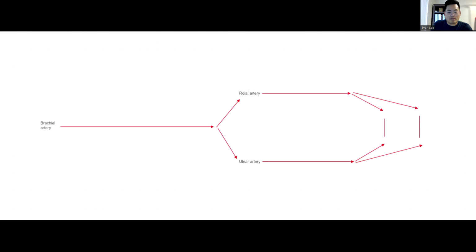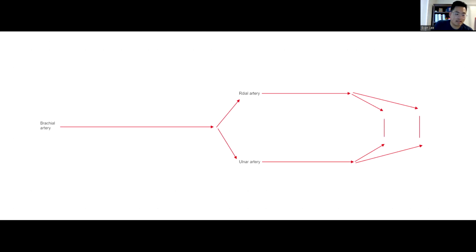So you see some words that might look familiar? Brachial, radial, ulnar. This is the general organization of the arm. But there's a little bit more to this, as in if we're going to follow blood flow down the arm, this is pretty close to where we're going to get.